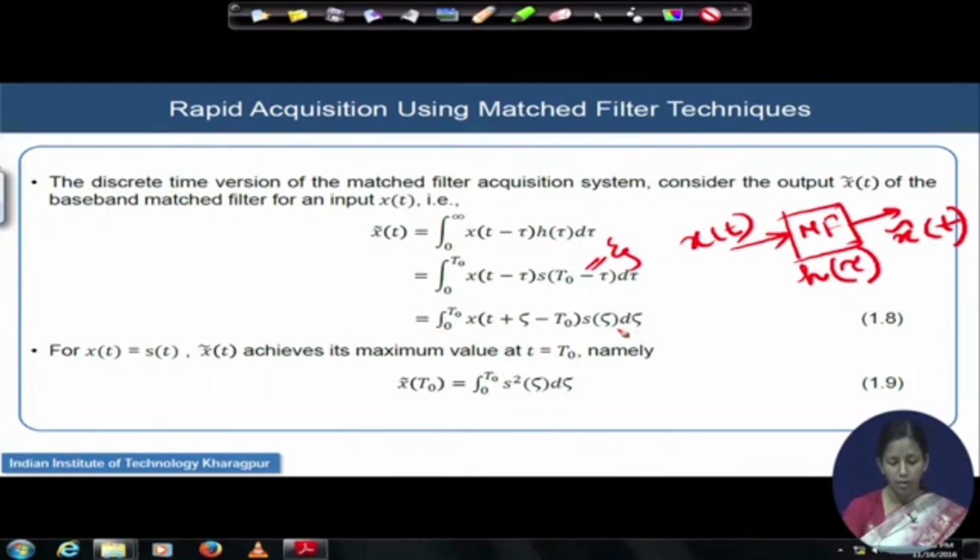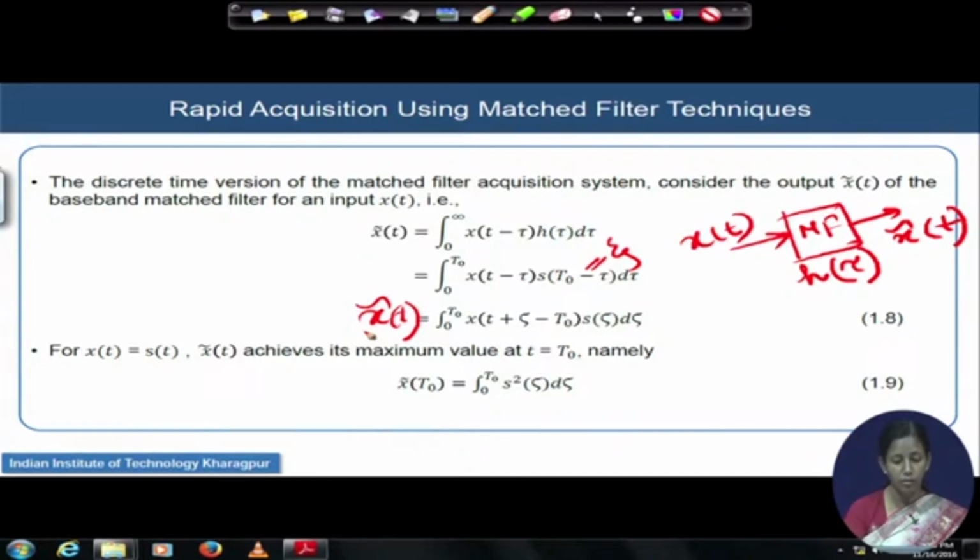Okay. So what is this? This is the output, finally, at the output of the matched filter, the signal that is coming out. Now let us see when this output will be maximized, because we understand that the matched filter output can give us a maximum signal to noise ratio given certain conditions.